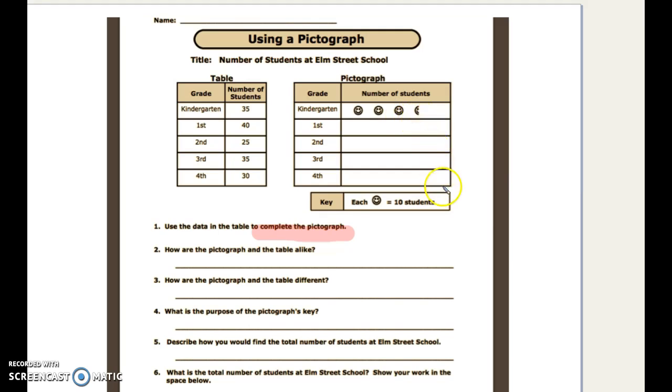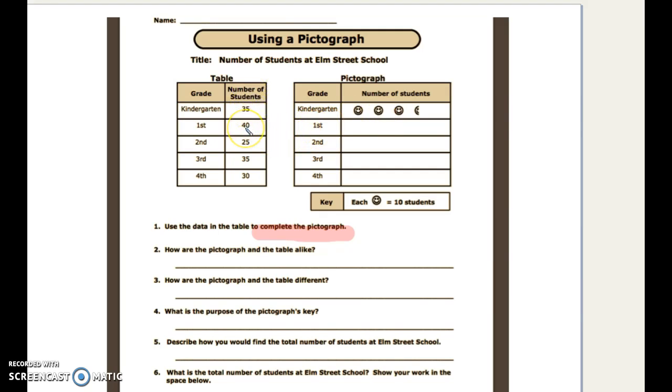And I know that half of 10 equals 5. So if I put half of a smiley face here, that tells me there are 5 students. So when I add all of these pictures up, I know that it shows I have 35 students in kindergarten.